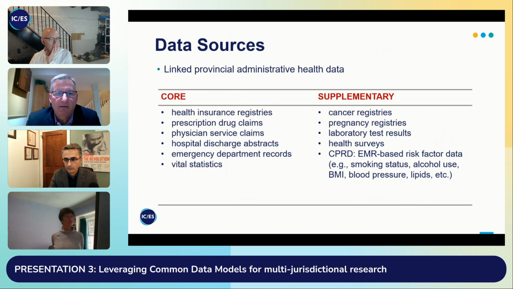And those are the data that we leveraged for our common data model work. On the right-hand side, we, on occasion, particularly in the protocol-based era, have involved a number of other data sources that you can see, like the provincial cancer registries and laboratory data for our COVID studies. But these are not integrated formally into our common data model tables, but are called upon from time to time, depending on the particular research question that's asked of us. Next slide, please.